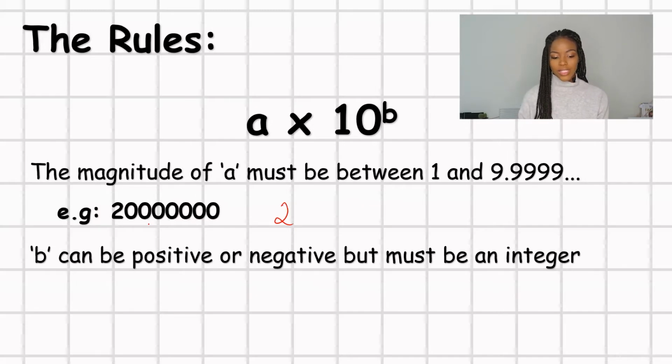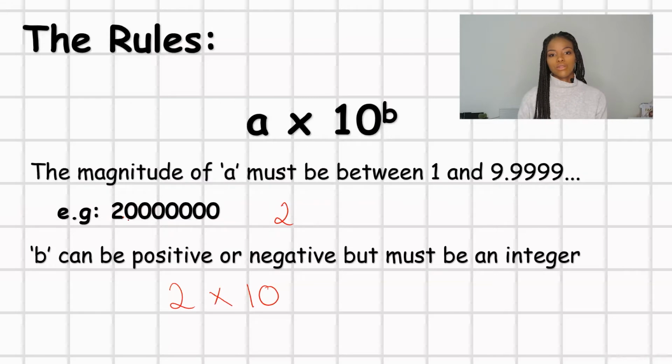And let's use our 20 million as an example. We've found that a is 2, so we know that it's 2 times 10 to the power of b. So our b we find by imagining a decimal point after the 2 and working out which way that we're moving it. Because we want the number to get bigger, we would move the decimal place to the right.